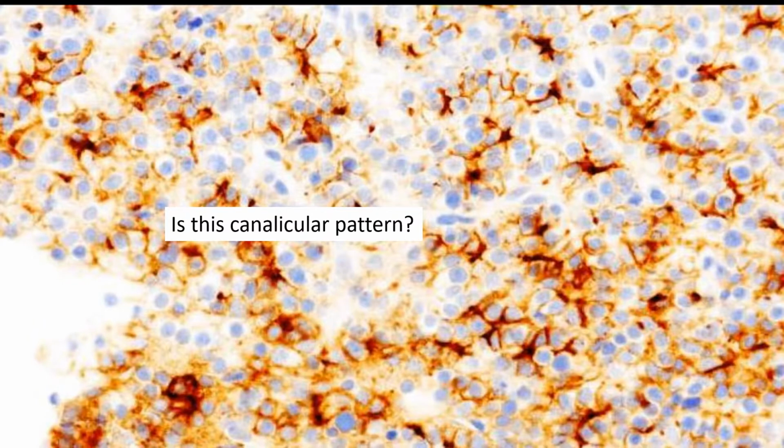So how good is a polyclonal CEA stain? Let's look at this slide. Now, is this canalicular pattern of staining? I frequently can't tell whether it's canalicular or it's cytoplasmic membrane pattern of staining. And therein lies the subjectivity. But that is not all.